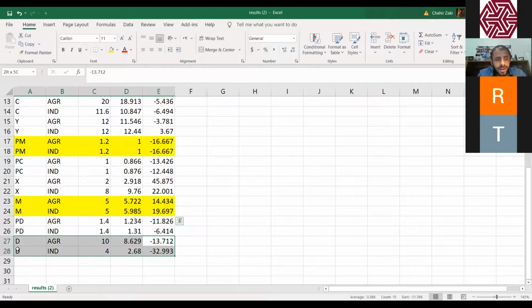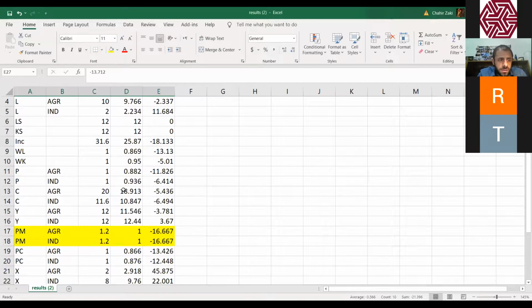So that's why the domestic demand will decrease. We can see that the decrease in the domestic demand is higher than the increase in imports, and adding to this, the revenue decreases.